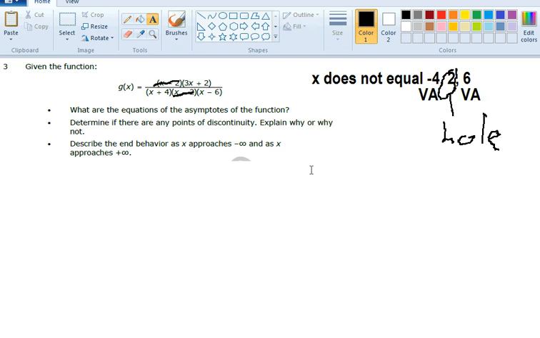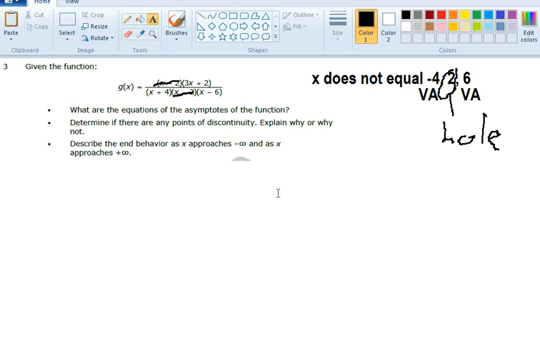Okay, then we need to find horizontal asymptotes. If you remember, you'd find the highest power and divide by the highest power. We canceled out, so we can even do it with this. We have 3x plus 2 on top, and on the bottom we'd have x plus 4 times x minus 6, and my leading term would be x times x, so x squared. So we have x squared as the highest power.